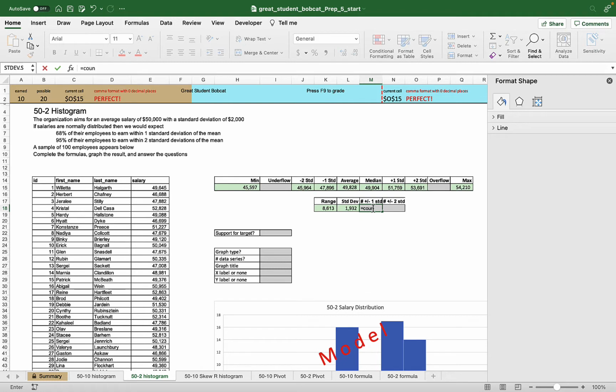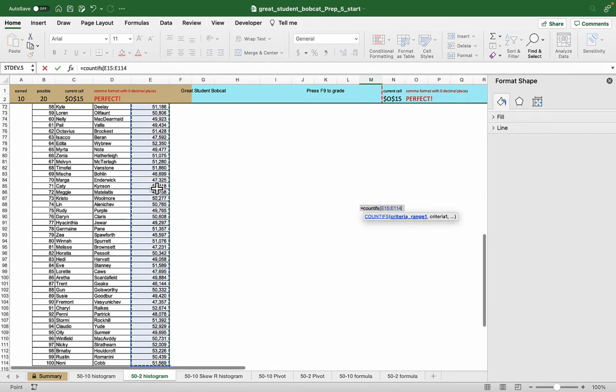So we'll do the COUNTIFS. Lock the range.